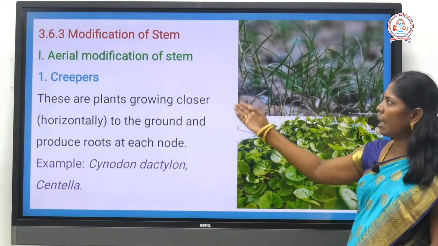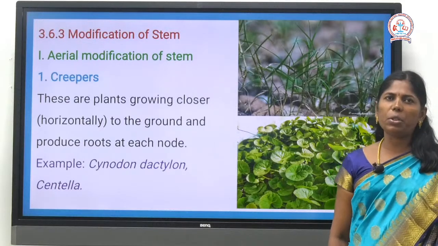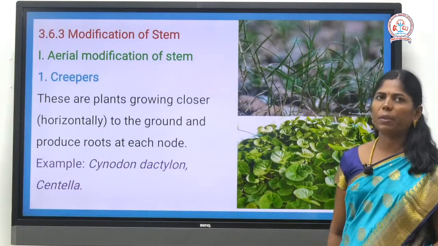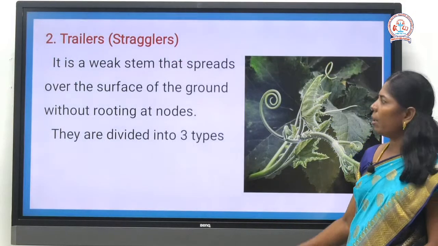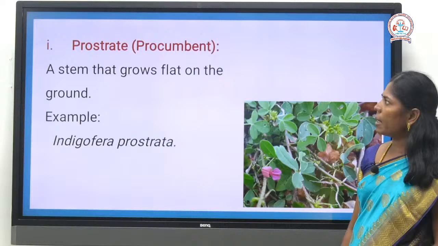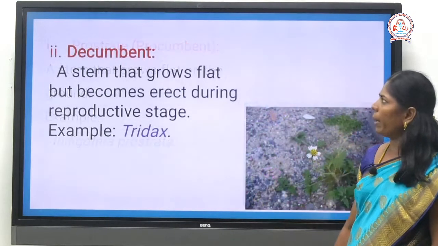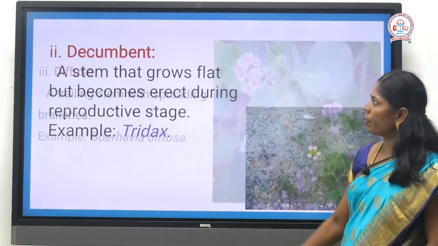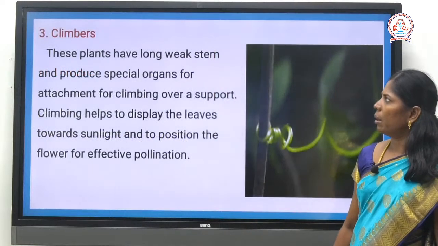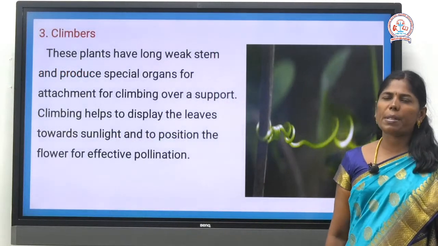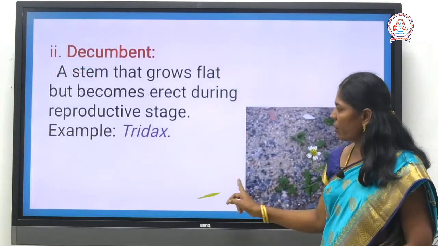First we studied the aerial modification. The aerial modifications are classified into creepers first, and second the trellis. Under the trellis, first is prostrate, procumbent and decumbent. Then we studied diffuse, and the third one is climbers. We will see one by one. Once again, recall.